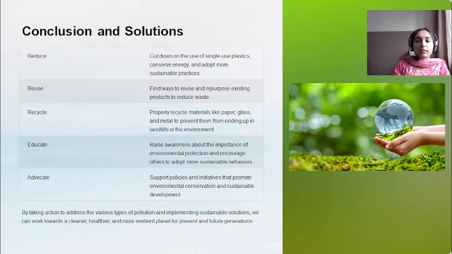The usage of materials made up of plastic should be reduced. We should not use more and more plastic materials, which will help in conserving energy, and for that we can follow more and more sustainable practices.